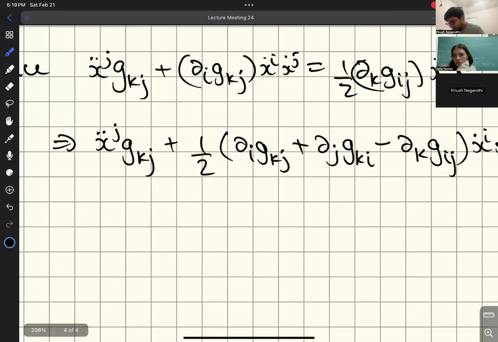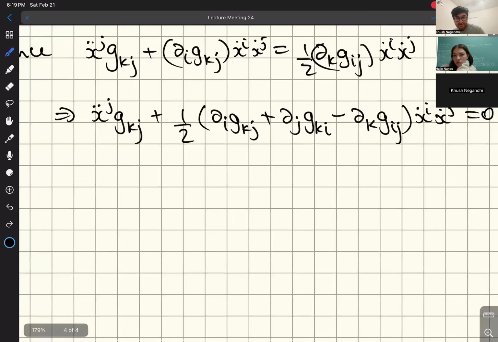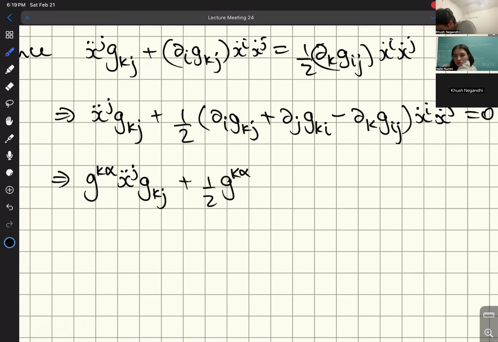Now I'm going to raise the indices to get g^{k alpha} x double dot j g_kj plus 1/2 g^{k alpha} and all this other stuff.